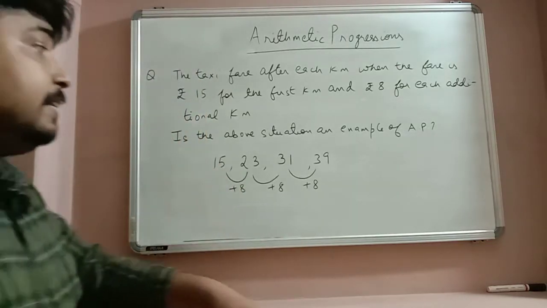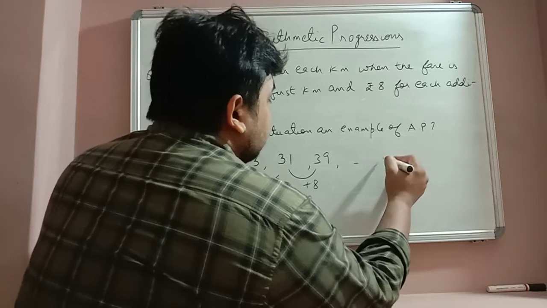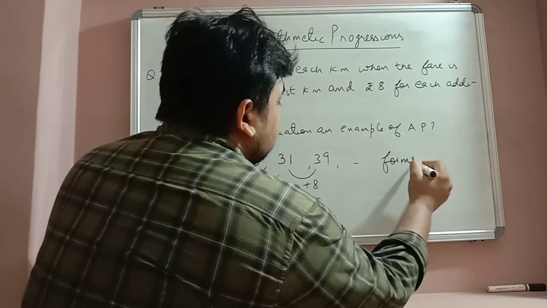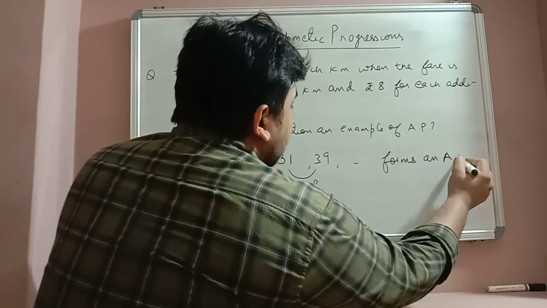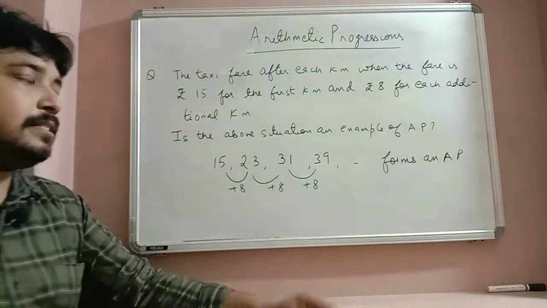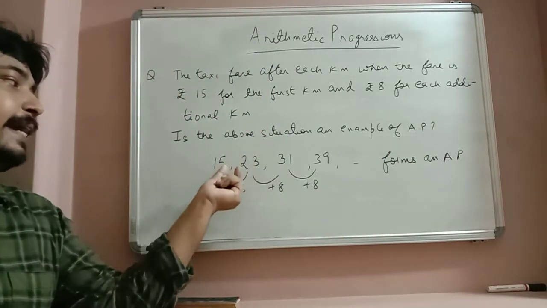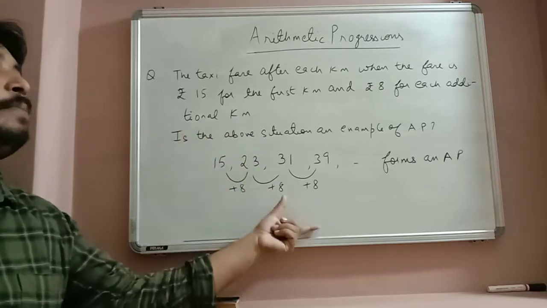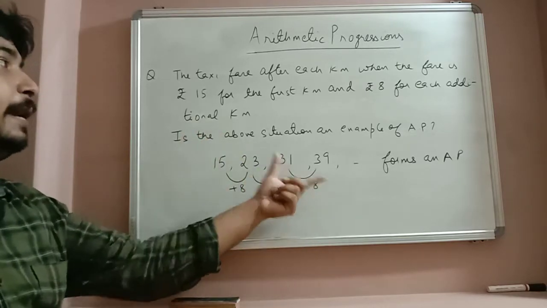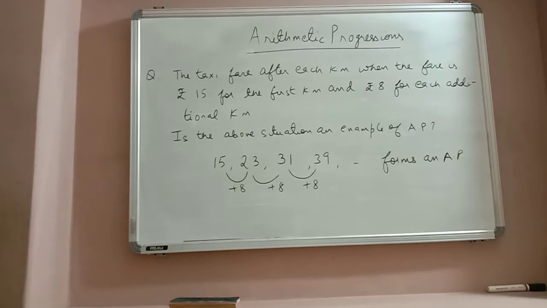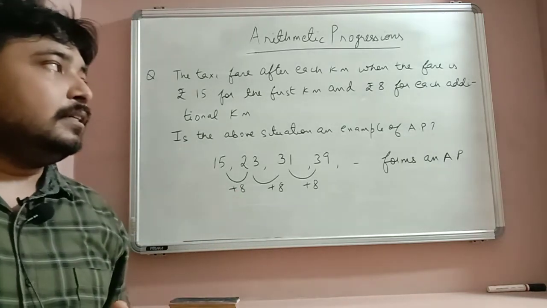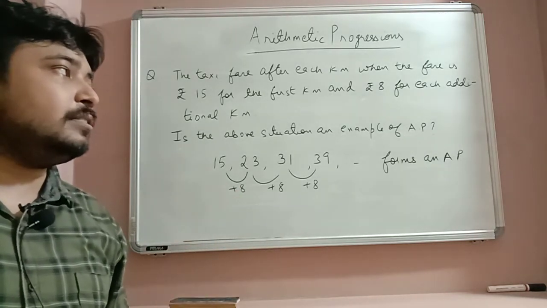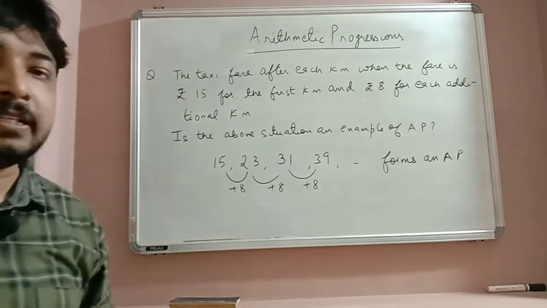Now definitely it forms an AP, because each next term can be determined by adding 8 to the previous term. So this particular situation does form an AP. So yes, it forms an AP. I hope this is clear to everyone. Let's take up some more questions from the first exercise as well.